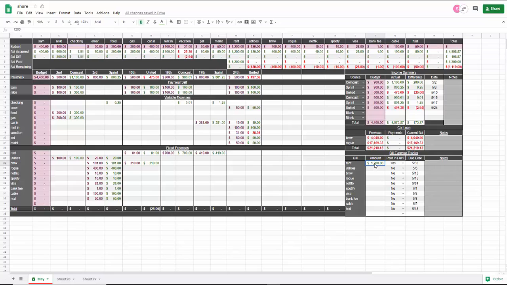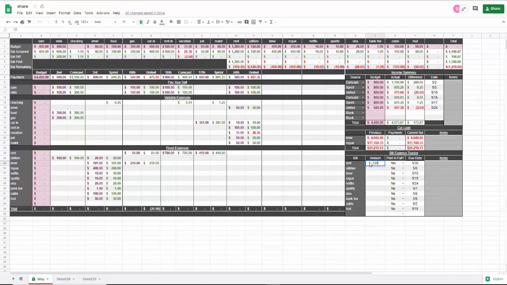Let's say you budgeted $1,200, but your rent was actually $1,300, and that was the full amount. Then you're at a negative $100, and you're going to pull from somewhere. It'll tell you if you went over your budget, like negative 100.